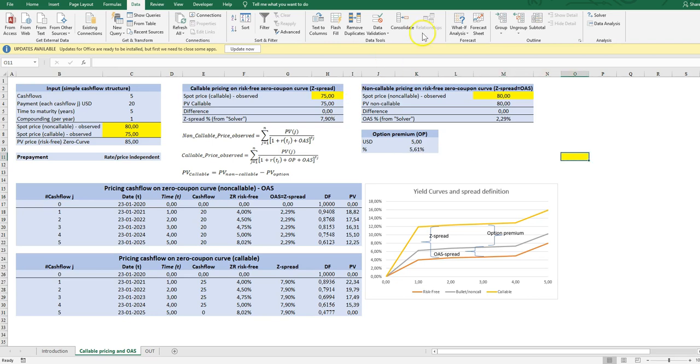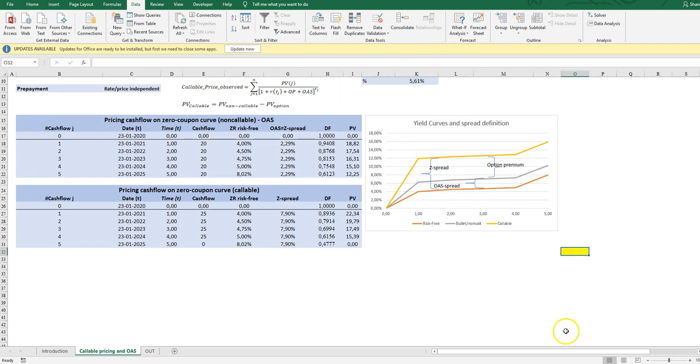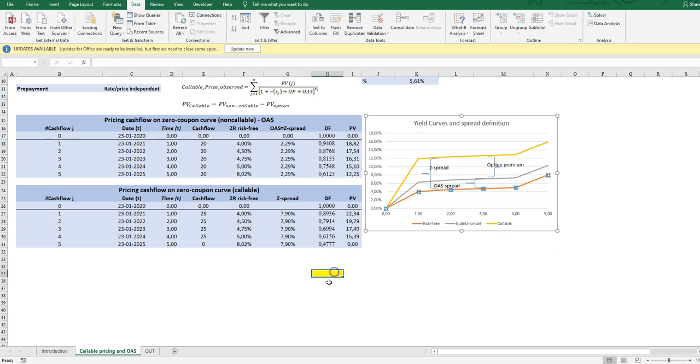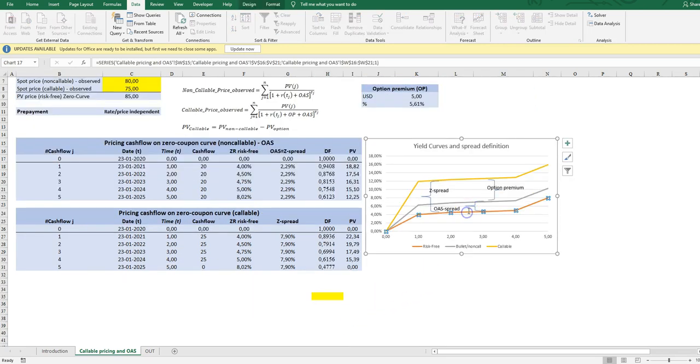And here, just to summarize, we have in total the risk-free curve, the zero coupon yields. On top of that, we have the OAS spread. So the non-callable bond is priced on the gray one, and on top of the gray one there is another one when pricing the callable bond.